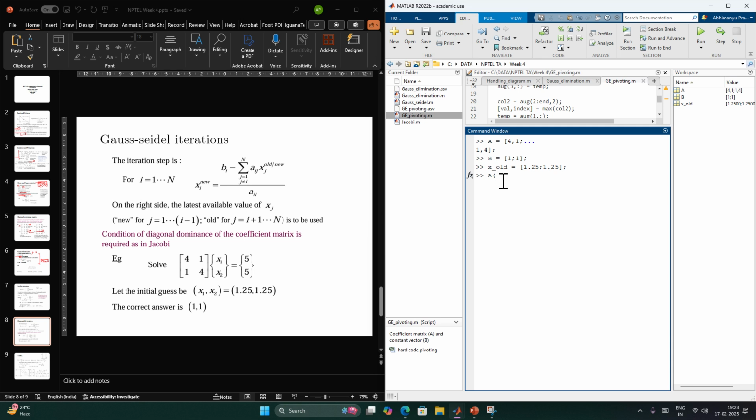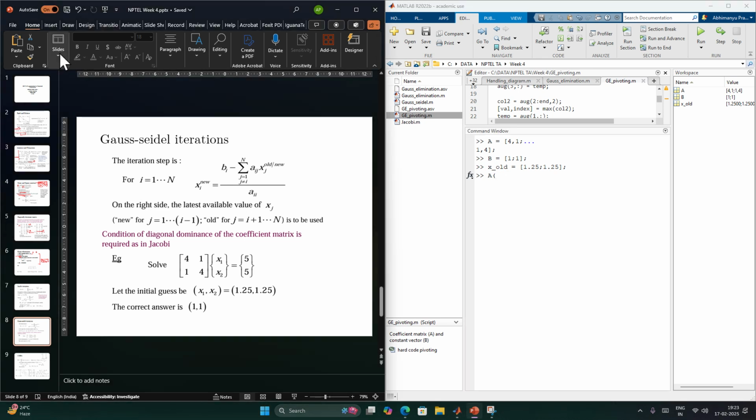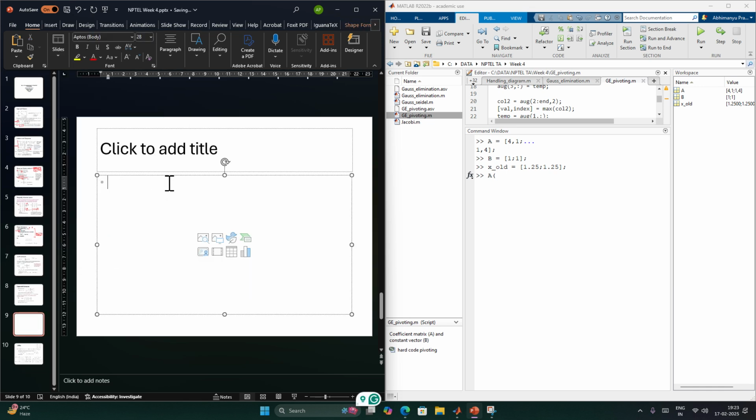and do this, let me create a slide. A is 4 comma 1, 1 comma 4, right? Similarly, the B matrix is 1 comma 1.